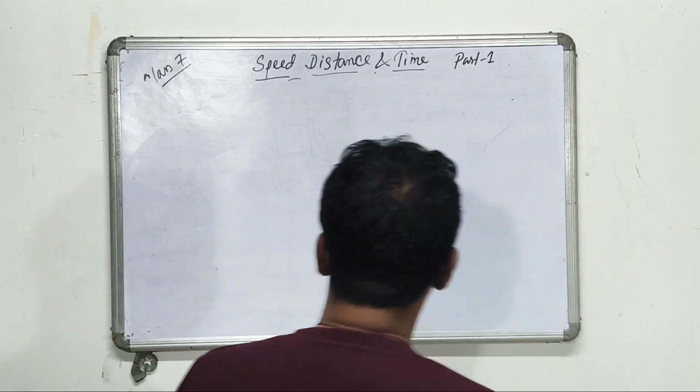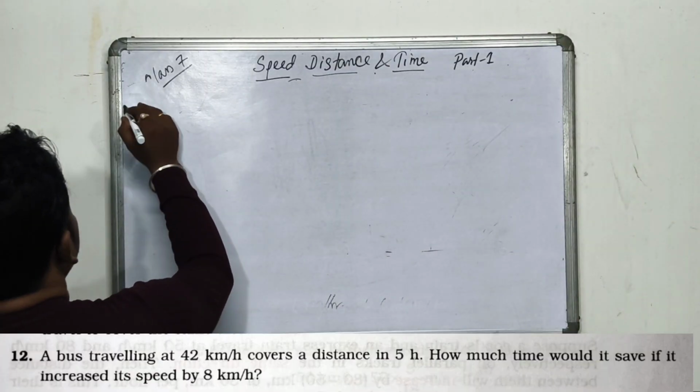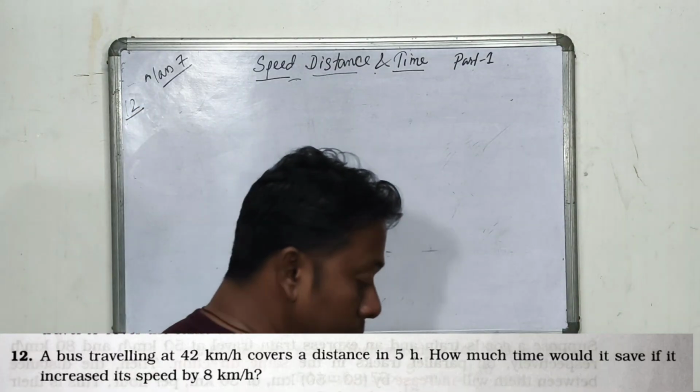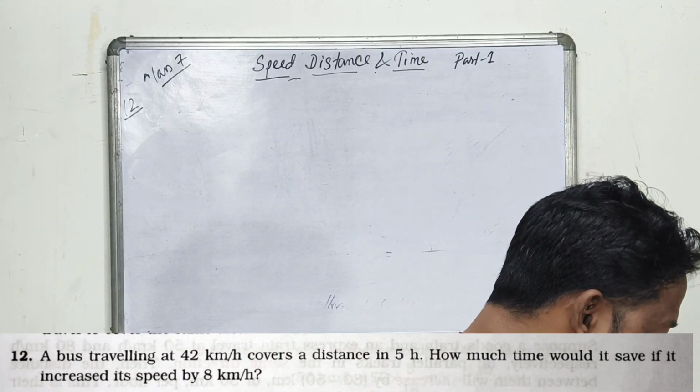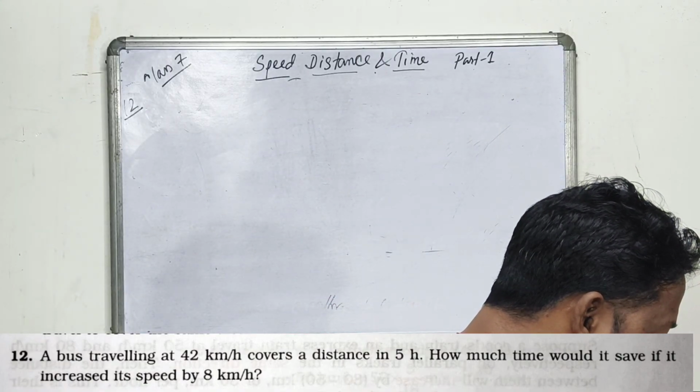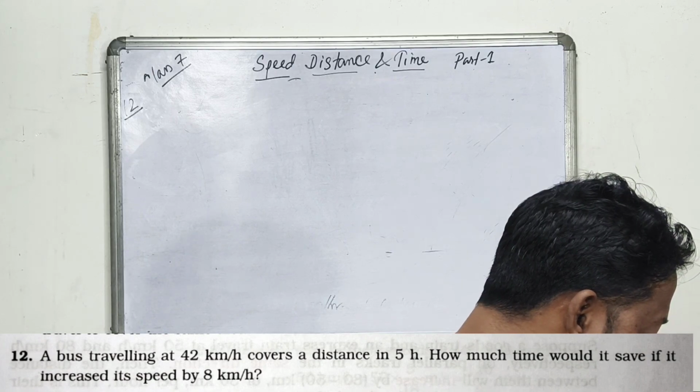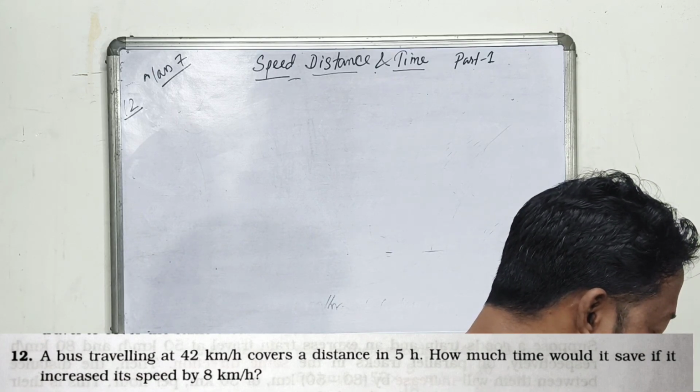Question number 12. A bus traveling at 42 km per hour covers a distance in 5 hours. How much time would it save if it increased its speed by 8 km per hour?